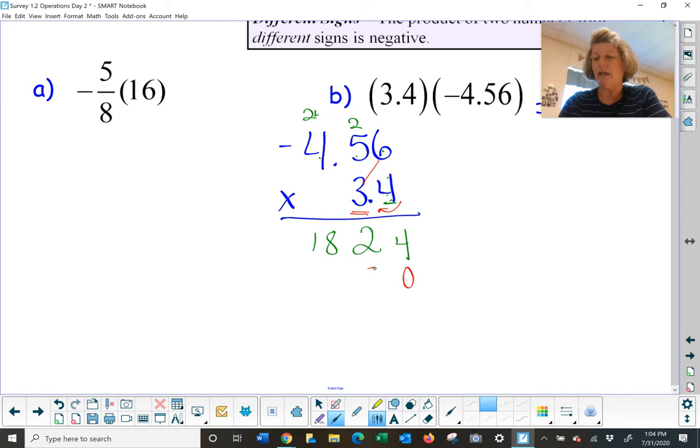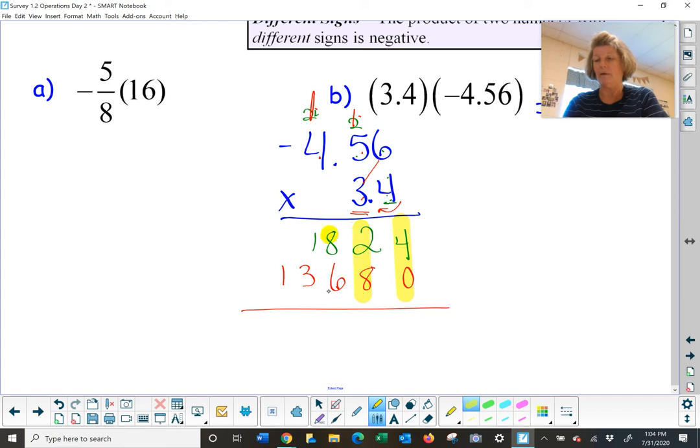6 times 3 is 18, carrying a 1. 3 times 5 is 15, plus 1 is 16. Carry a 1. 3 times 4 is 12. 12 plus 1 is 13. You'll also notice I was very careful about lining up my columns so that things are organized, right?